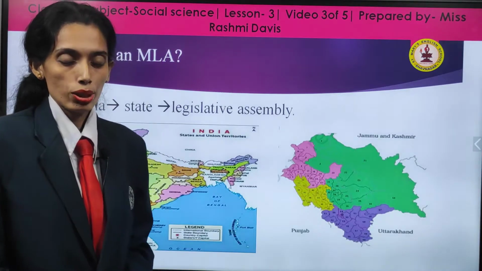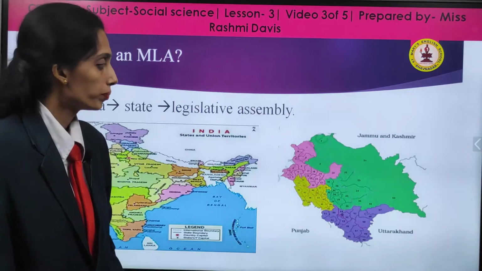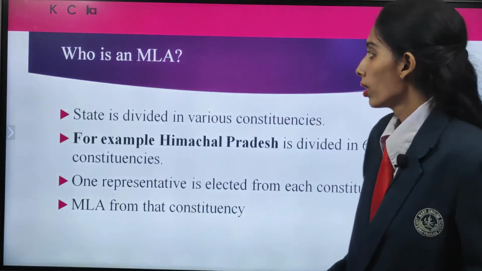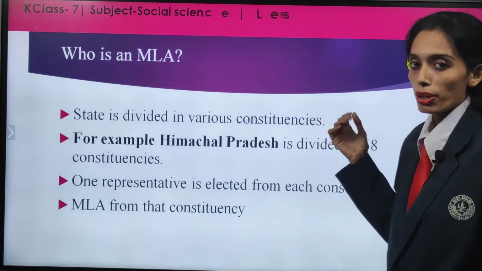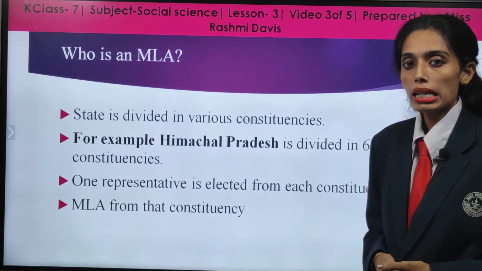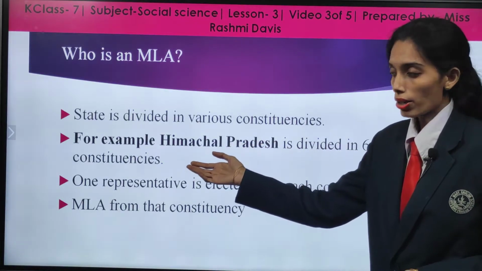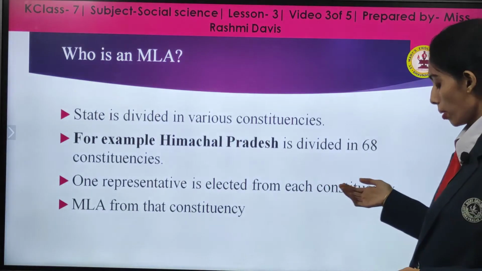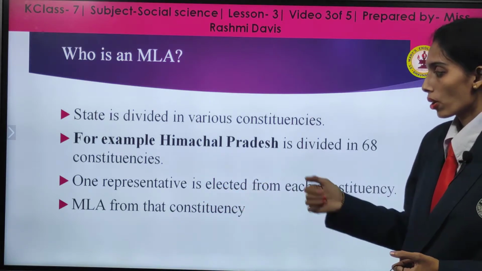Here an election had taken place, and we are going to check it with the story. Who is an MLA? A state is divided into various constituencies. For example, Himachal Pradesh is divided into 68 constituencies. One representative is elected from each constituency, the MLA from that constituency.